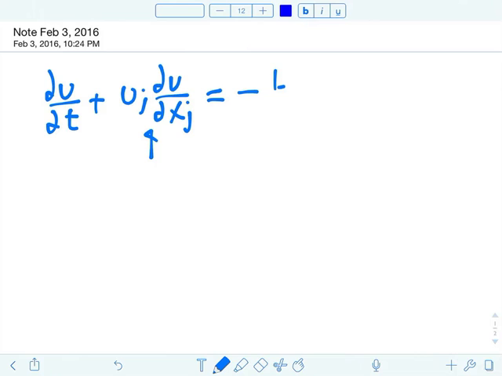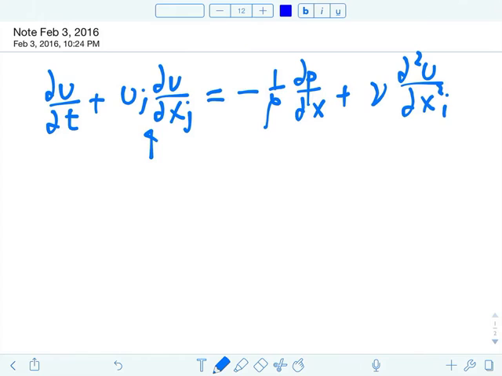Negative 1 over rho, partial p, partial x, plus, and I'll just keep a constant kinematic viscosity, so I'll pull it out of the second derivative here. Okay, so this is repeated over three terms and three terms as well, but they all look pretty much the same, and it won't affect the scaling.